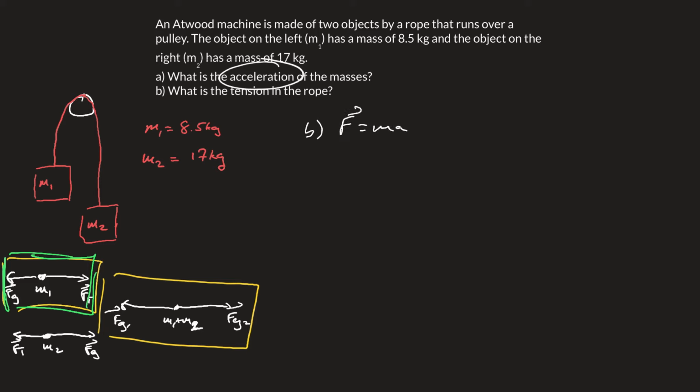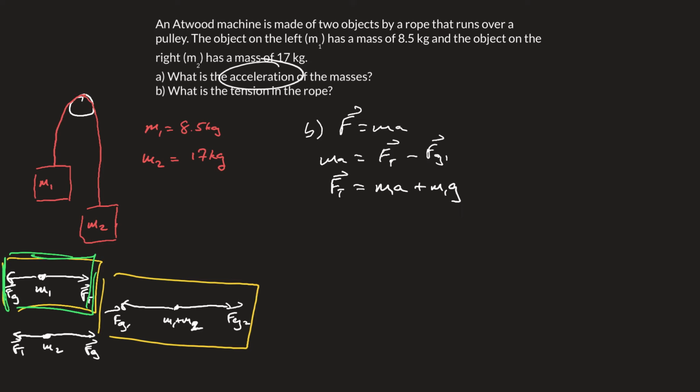But in this case, our F net is going to be our tension in the rope minus Fg1, because of course I'm using the diagram in green there. I can rearrange this to solve for Ft. So that's going to give me ma plus Fg, which is m1g. I know what a is.